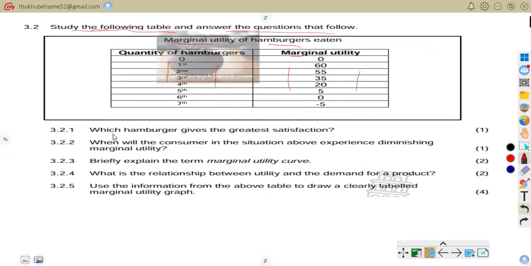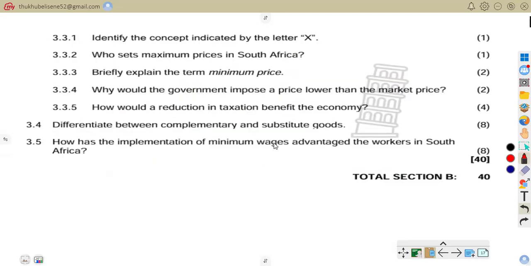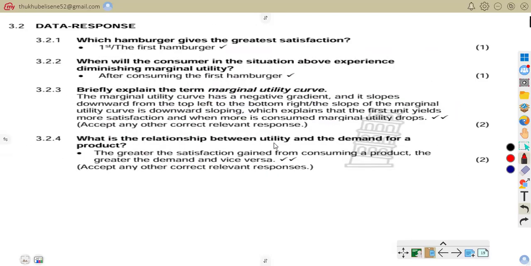Question 3.2.1 is: which hamburger gives the greatest satisfaction? We're talking about utility now. So now we go to our answers.